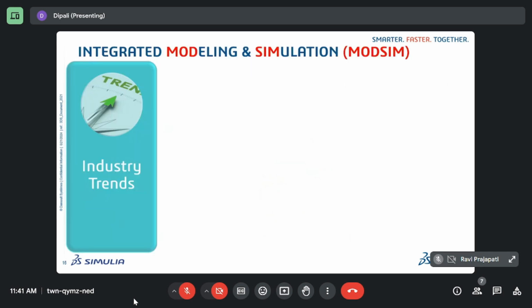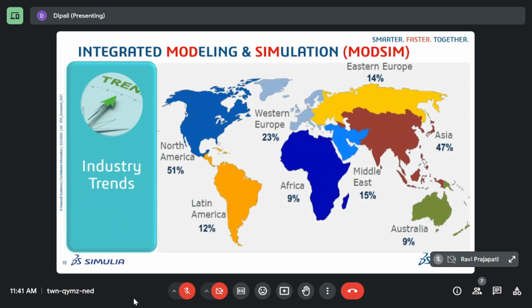If you look at the world, most of the innovative products are coming from Asia and North America. In Asia we are an emerging technology, but China and America have extensively used such technology, and the rest of the world, the European countries, are also using such technologies.